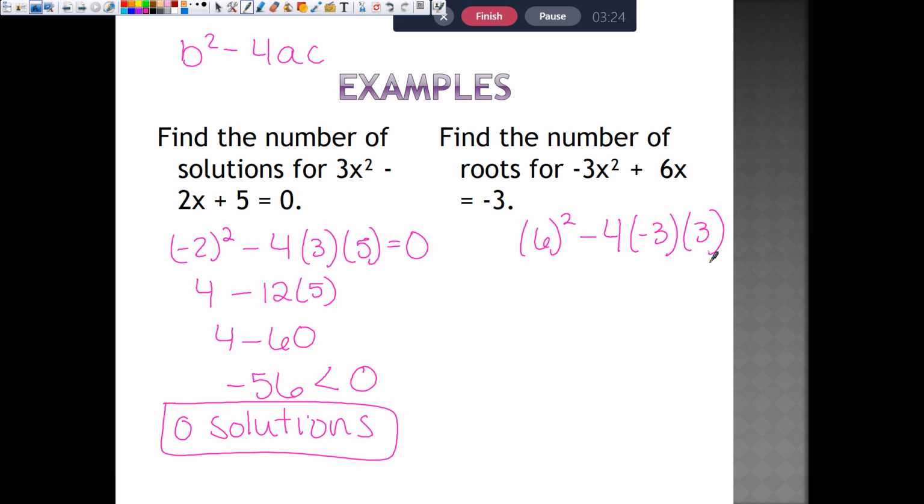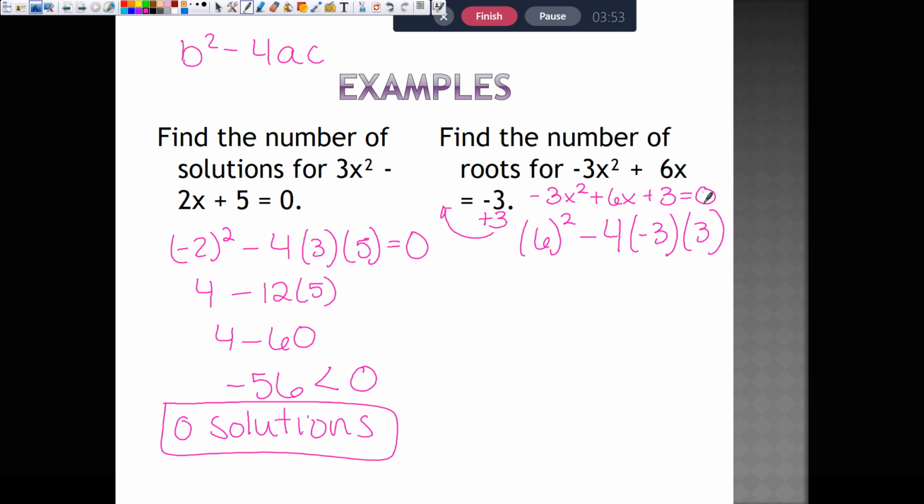But this is not equal to 0, so I have to add 3 to make it equal to 0. This would end up being negative 3x squared plus 6x plus 3 equals 0, because it has to equal 0 in order to find the solutions. Because our solutions are our x-intercepts. And at our x-intercepts, y is always 0.